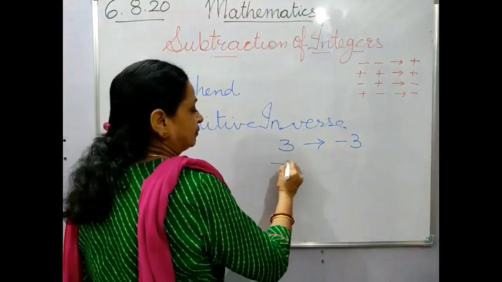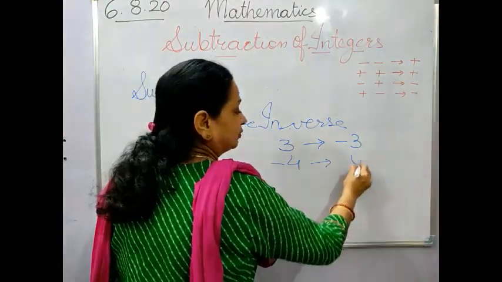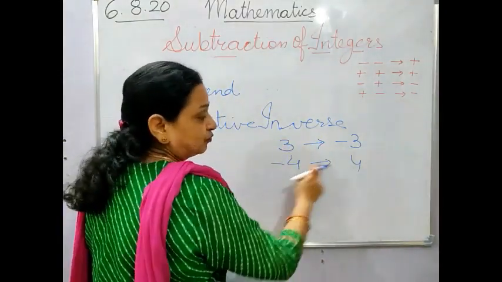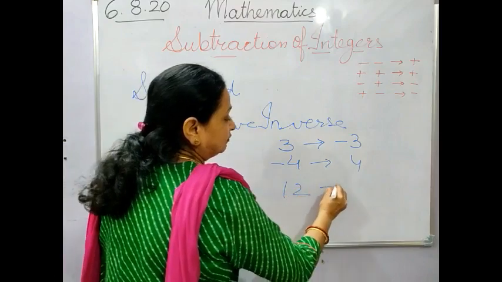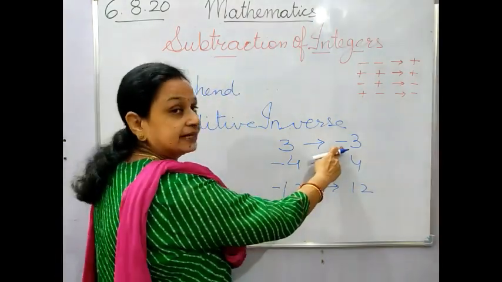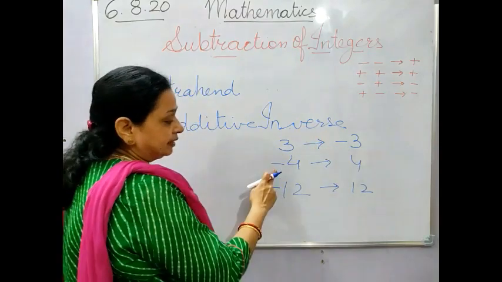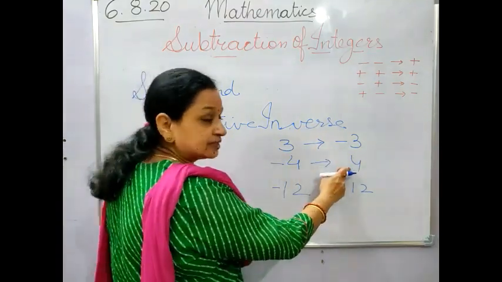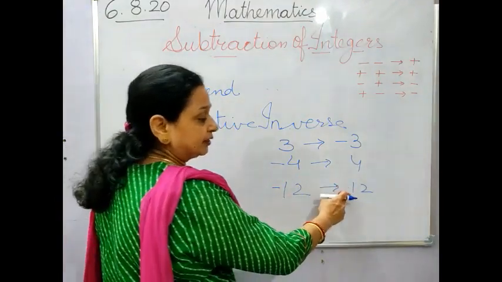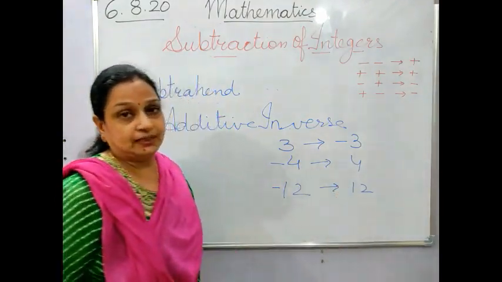Additive inverse of minus 4 will be 4. Here it is plus, digits are the same, 3 and 3, 4 and 4, 12 and 12. But here it is positive, in additive inverse it will become negative. Here it is negative, in additive inverse it will become positive. Here it is minus 12, in inverse it will become plus 12.